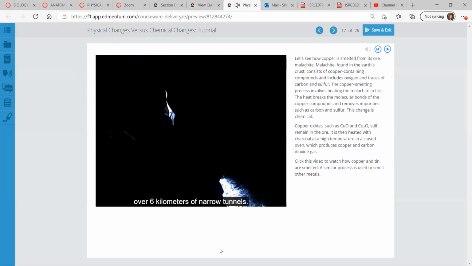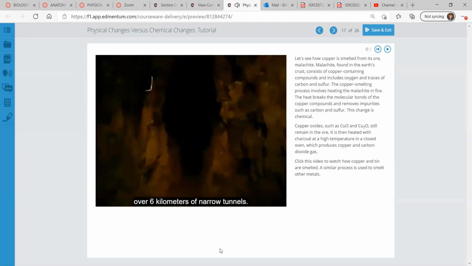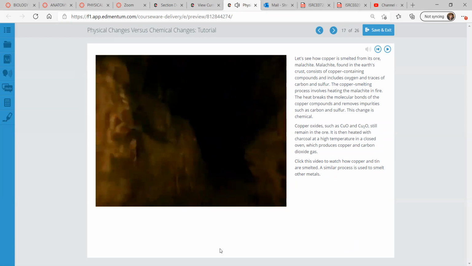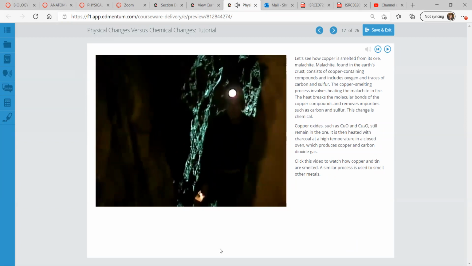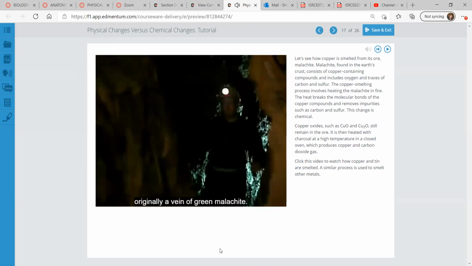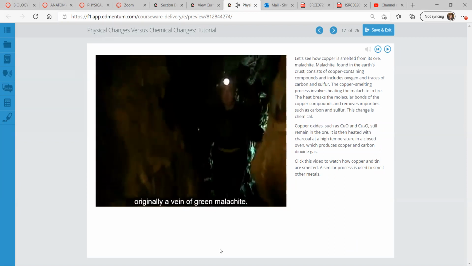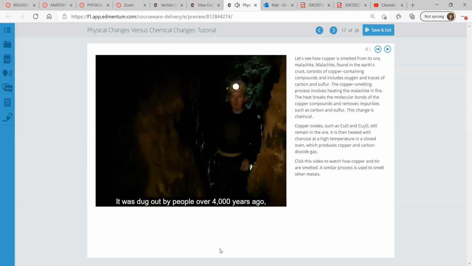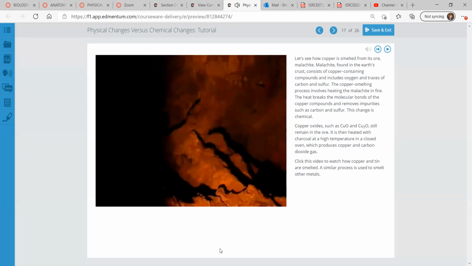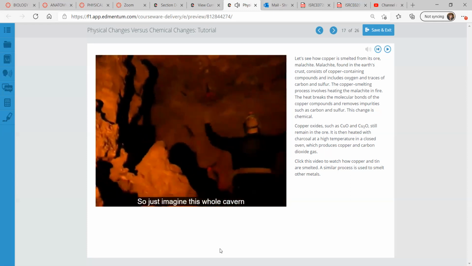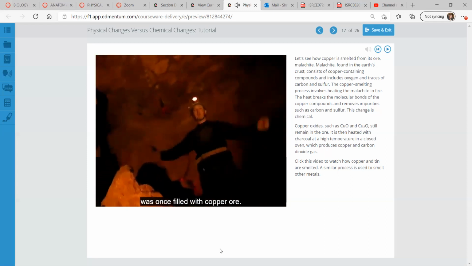Underground, there are over 6 kilometres of narrow tunnels. Where I'm walking now was originally a vein of green malachite. It was dug out by people over 4,000 years ago, leaving behind a maze of passages and chambers. So just imagine this whole cavern was once filled with copper ore.